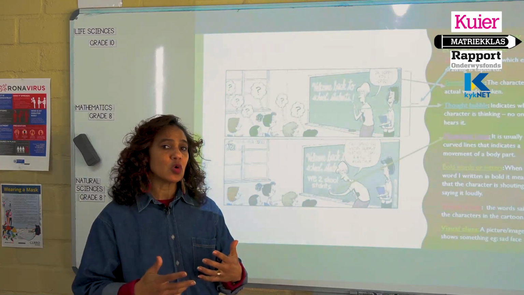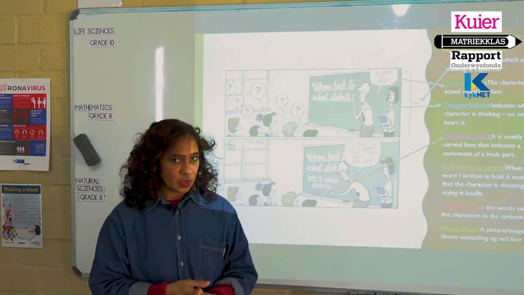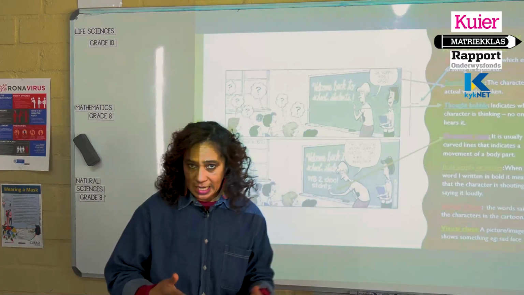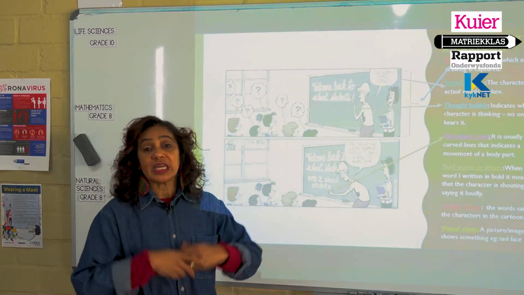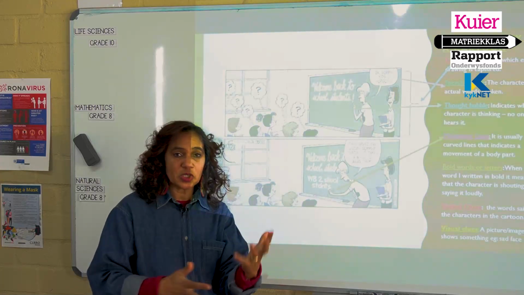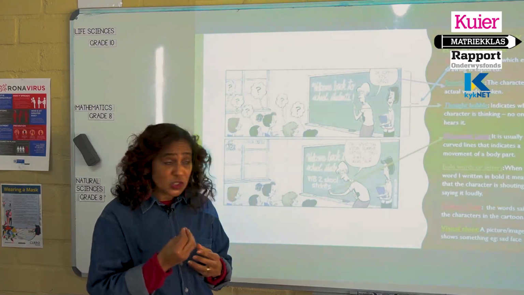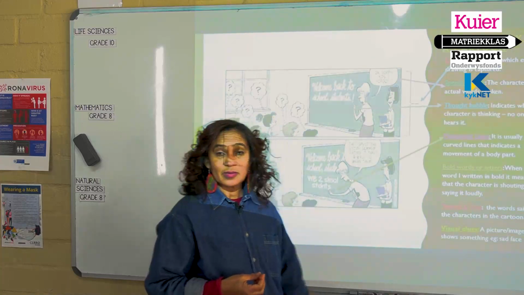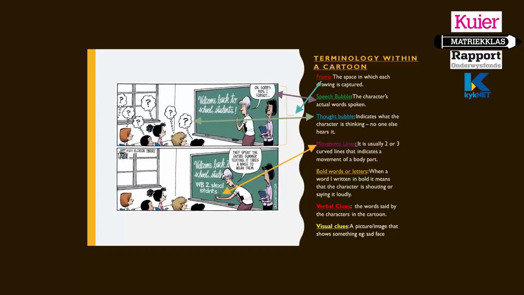They will talk about, for instance, facial expression or body language, or they will compare the facial expression with a verbal technique. So facial expression will then be almost the same as the visual clue. So you take note of all of those things. These are just some of the terminology that you need to acquaint yourself with, and you must make sure that you know exactly what it is all about.